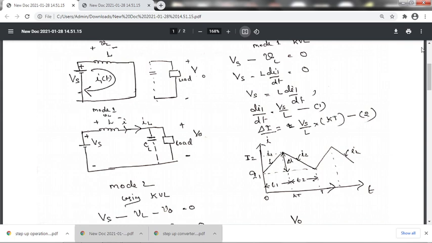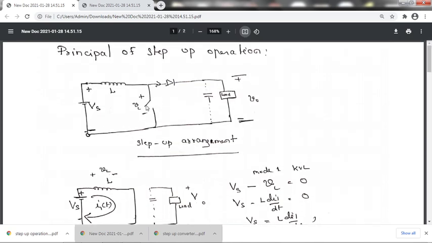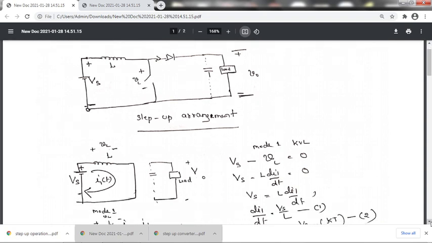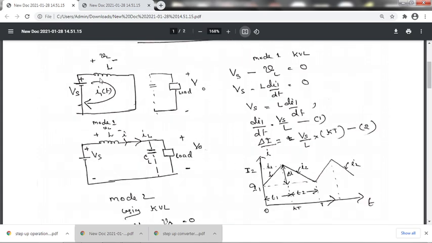Now just think what happens when I open this switch. This is mode 2 operation. Assume that in the previous mode, mode 1, current is flowing in this way, and here there is a switch.